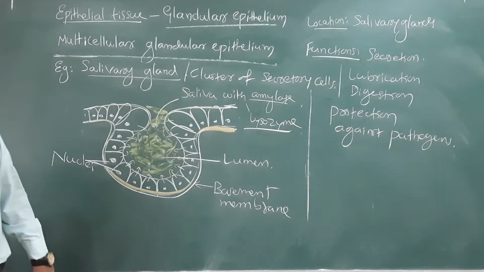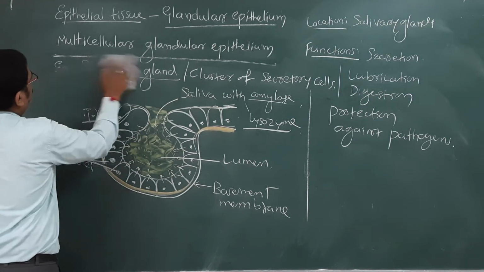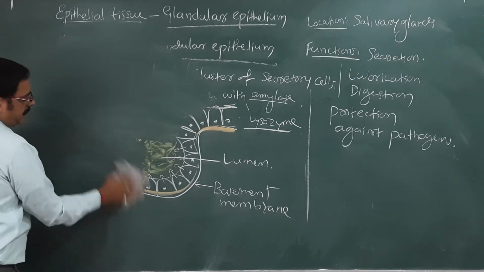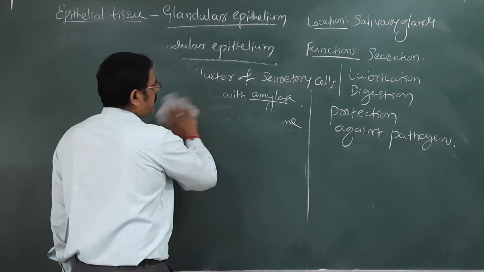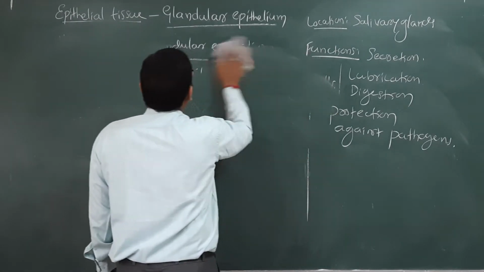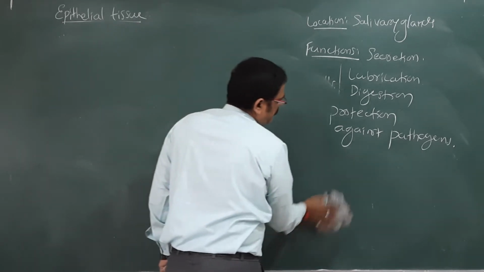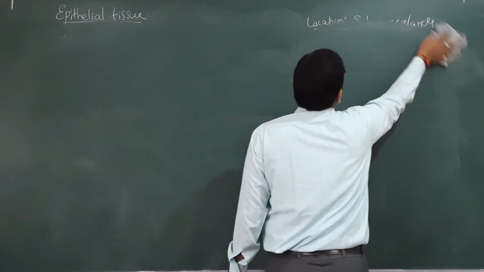Now we need to understand the next important concept. Yes, we are done with the discussion of the glandular epithelium, unicellular as well as multicellular. But in the epithelial tissue, how are these cells so compactly arranged without any problem?